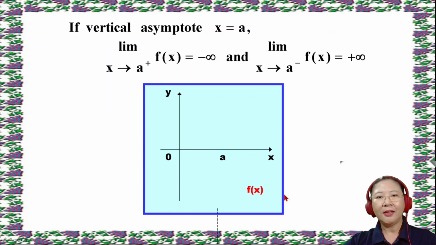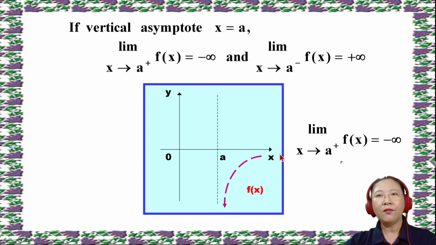Let's look at the second case. Now let's say x is coming from A plus, which means it's coming from the right-hand side, and when you calculate the function, you put in the numbers and you notice that your answer is negative infinity. So whatever number you fill in, the answer is going to get smaller and smaller as it goes to negative infinity.